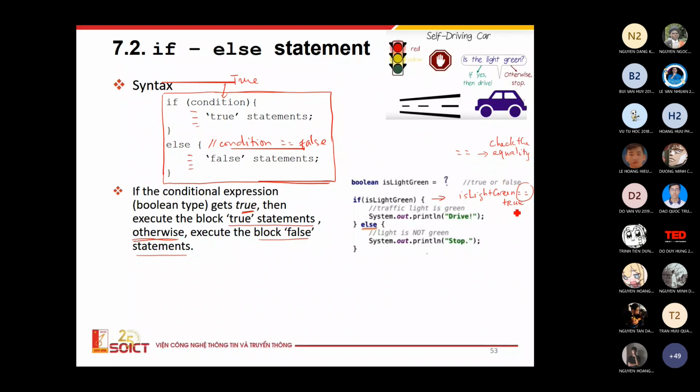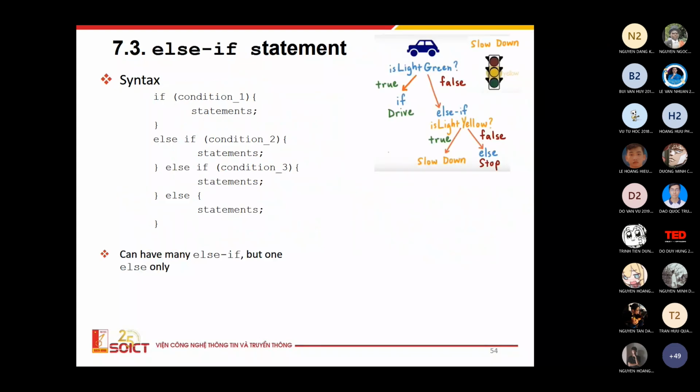If it's assigned true, you will print out drive, or if it's false, you will print out stop. So this is the if else statement.